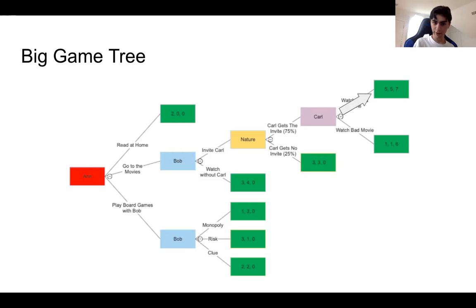So let's start off with the nature. So Bob can either choose to invite Carl or watch without Carl. So which one will he do? This one's a bit tricky. So we know the payoff for watching without Carl, right? It's 4. But how do we describe the payoff of what happens when they do invite Carl?